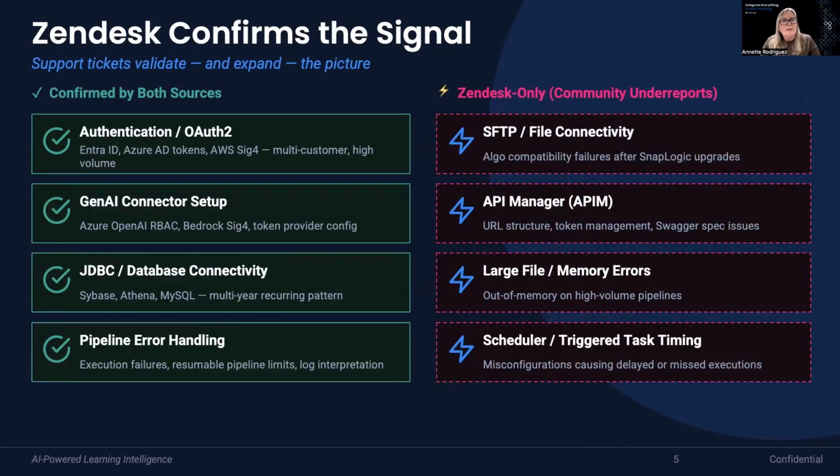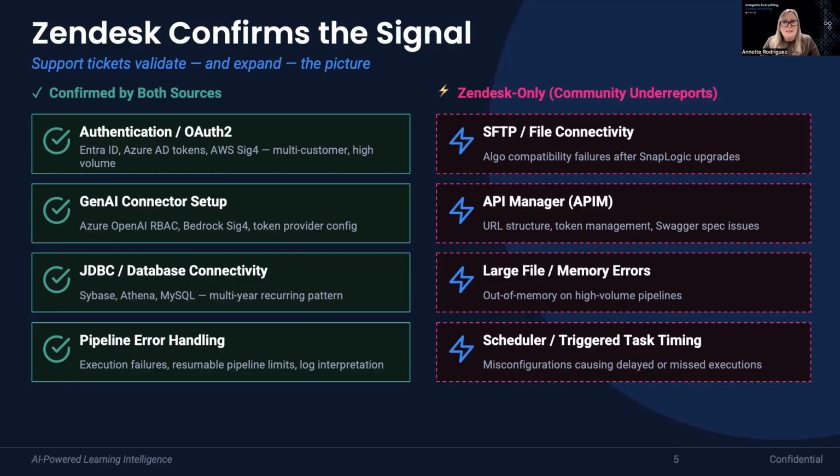Next, we compared those findings against support tickets. This is where things became really interesting. Many of the same themes appeared again. Authentication issues, Gen AI connector configuration, database connectivity, pipeline execution and error handling.